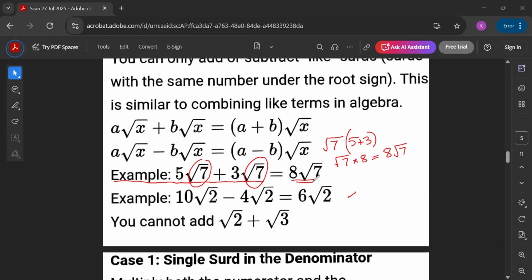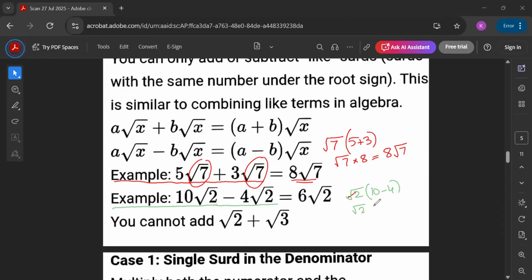Okay, so this is how we have done it. Next, moving on to the second example with subtraction. Again here, 10 root 2 minus 4 root 2. Here the common is square root of 2. Left is 10 minus 4.